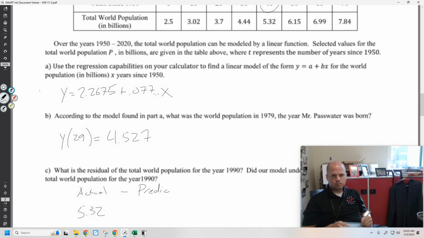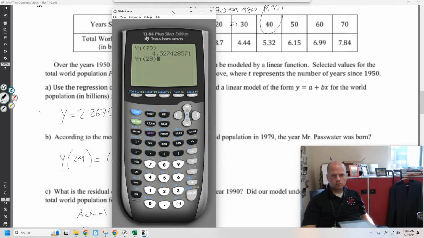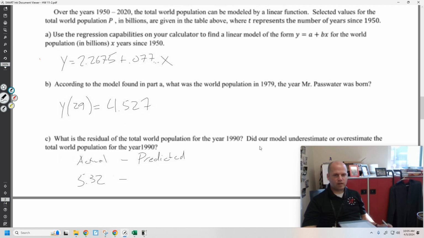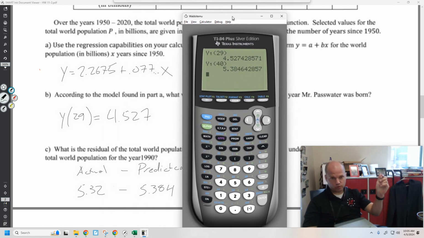Predicted, 40, 5.384. Predicted. Close to the actual. Nice job, regression. You are accurate. You have a small residual versus the last one. The residual is big.